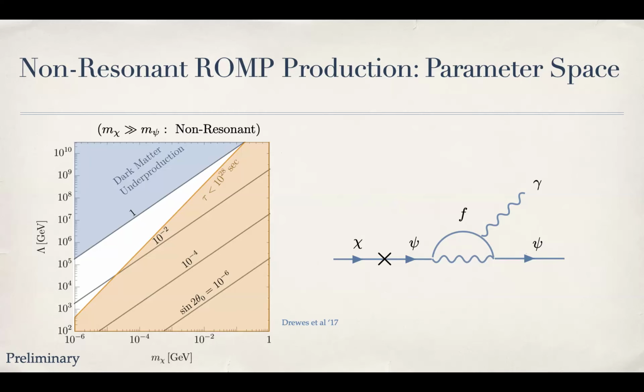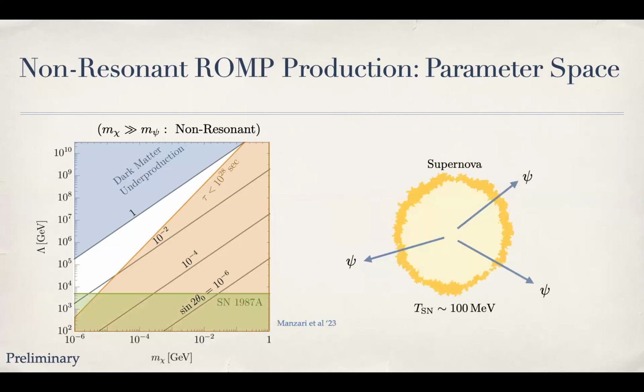And what you can show here is that chi is too heavy, so that the lifetime is shorter than 10 to 28 seconds. For normal sterile neutrinos, where lambda is about the weak scale, and m chi is whatever you like, in principle above a keV, there is no room for dark matter. So the normal sterile neutrinos cannot be produced via the Dodelson-Widrow mechanism, because you have lifetime bounds from X-rays, which are too strong.